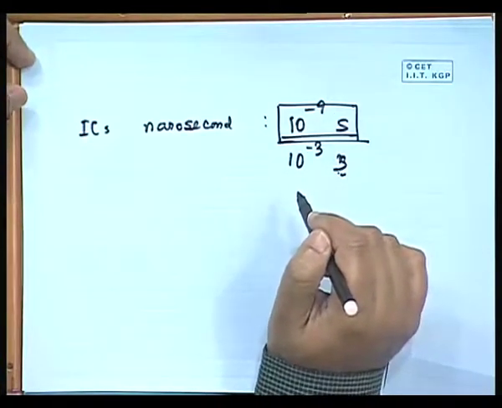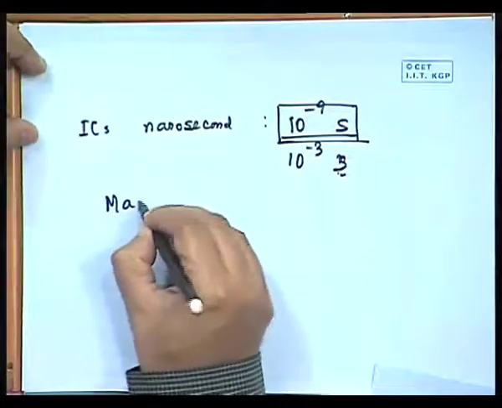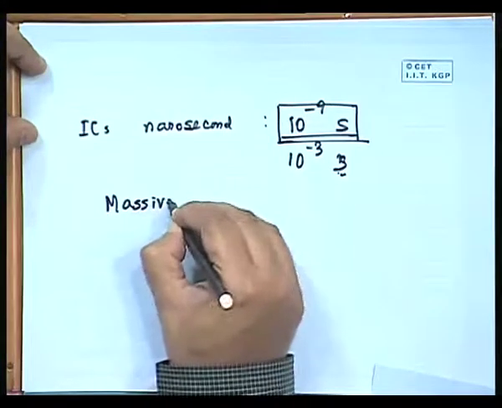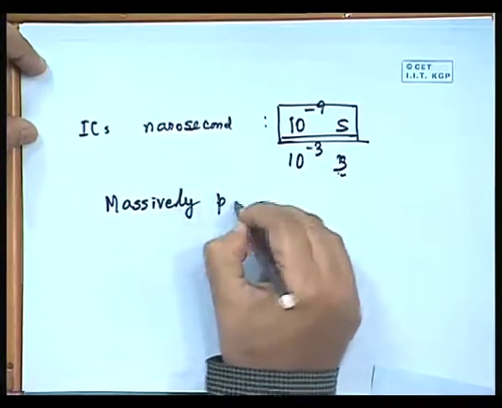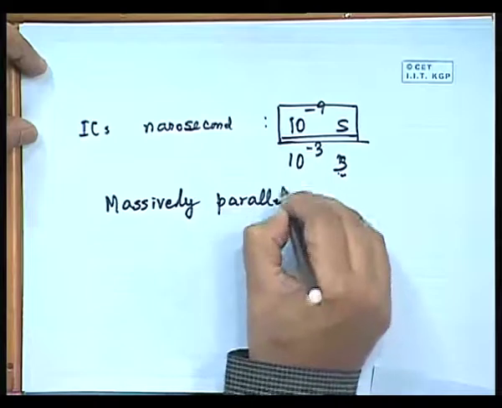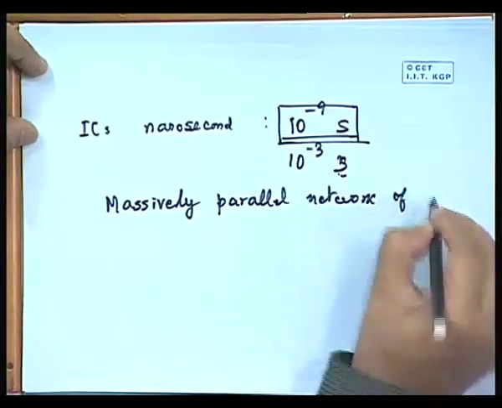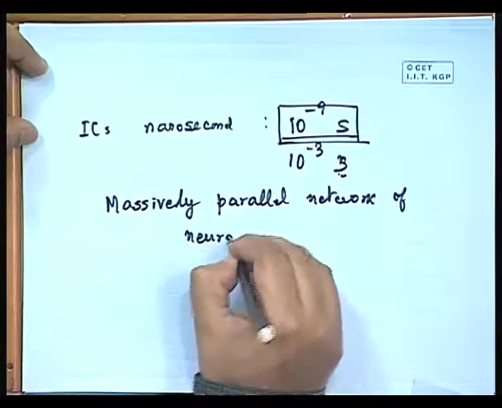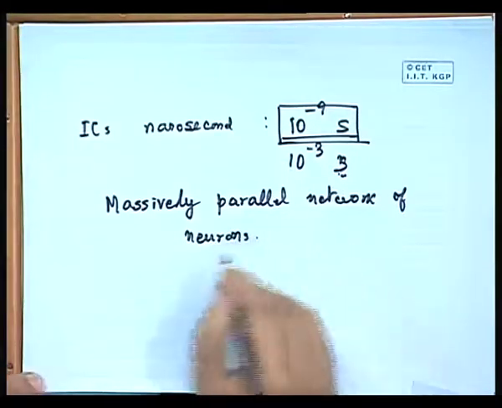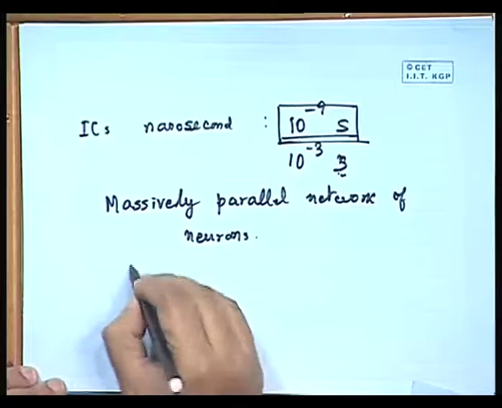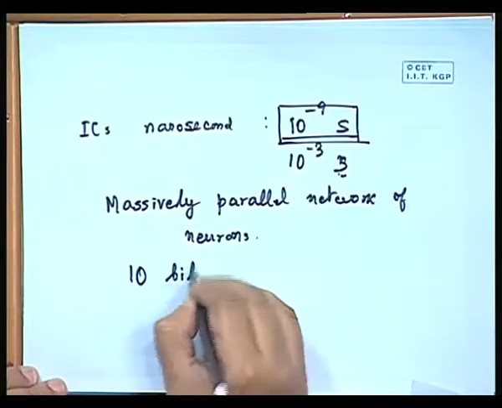The answer lies in the fact that the network of human neurons in the brain is massively parallel. There is a massively parallel network of neurons, and as I told you, the number is of the order of 10 billion.